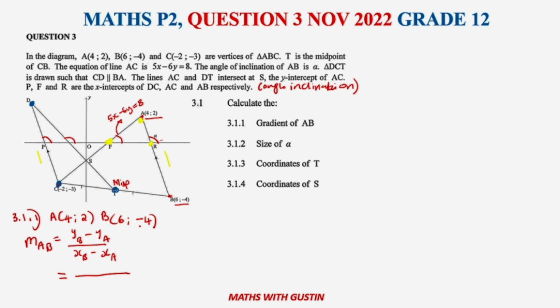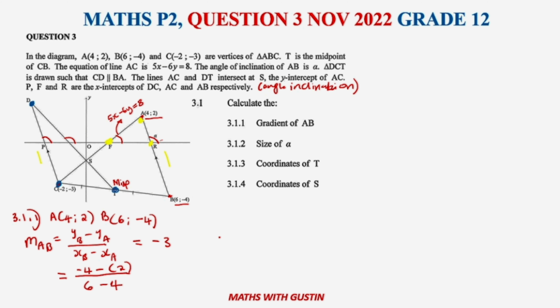There shouldn't be any problem with that. Our y at B is negative 4 minus our y at A, which is 2, over x at B, which is 6, minus 4. Punch this in our calculator and we find that our answer is minus 3.